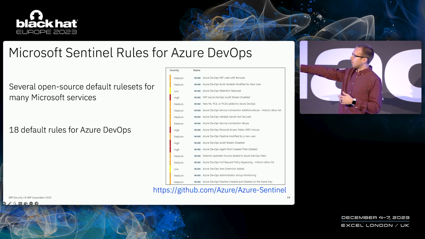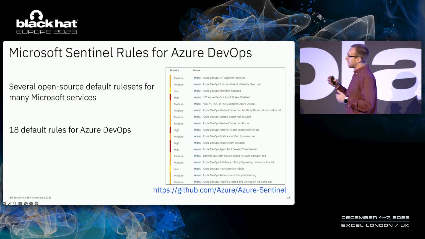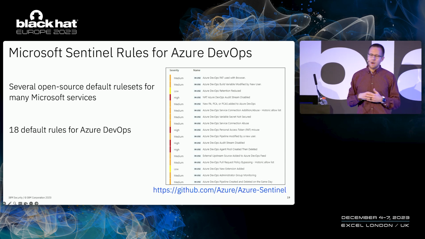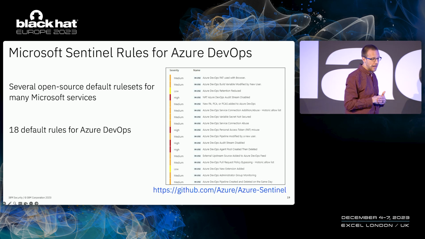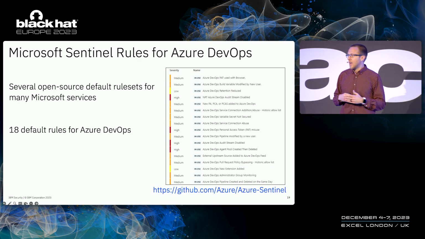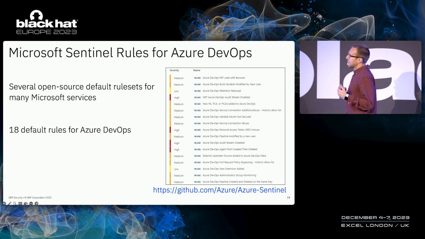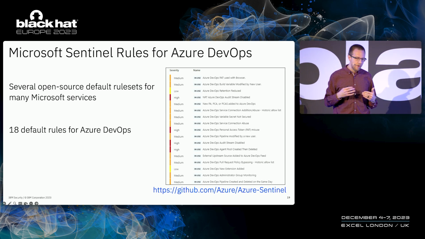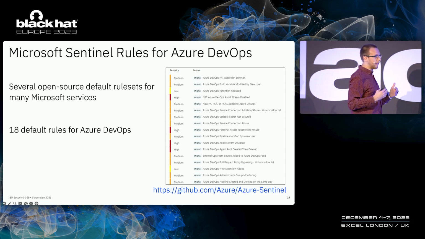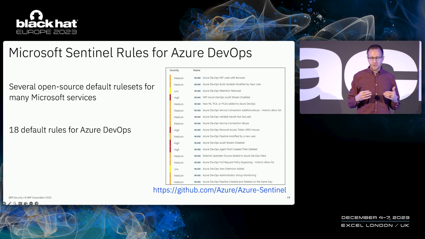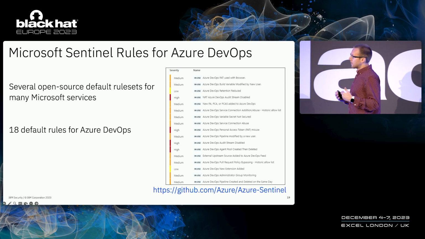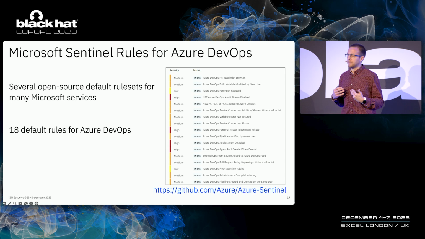You can access them at the URL on the bottom right, Azure/Sentinel, so these are available for you to analyze. Again, these are the default rule sets. And what you're going to see is that in this research, I did identify some room for improvement in terms of the breadth of coverage for these rules as it relates to the full attacker lifecycle, as well as some trivial bypasses that are available.